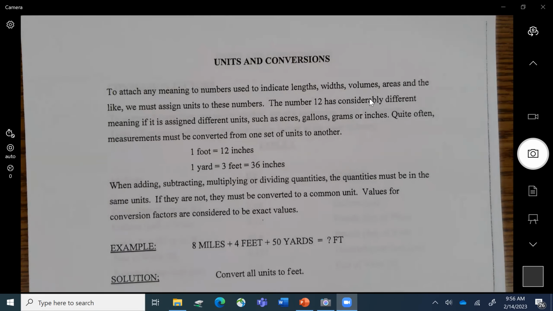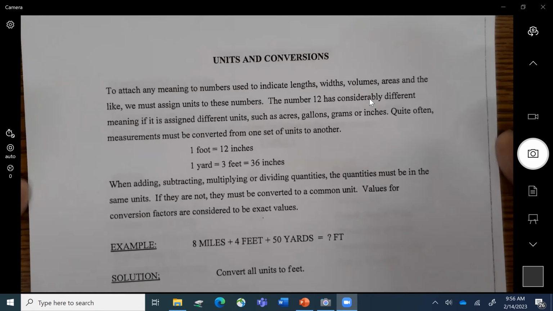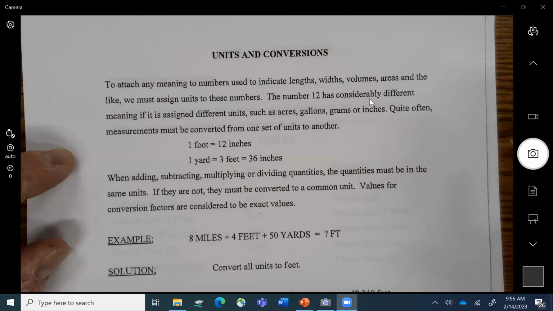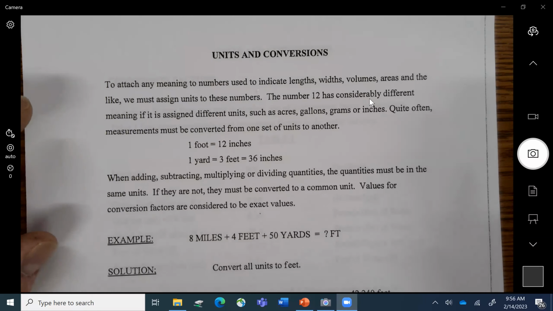Okay, so the very first thing with unit conversions is understanding what they are. First off, in here we have 1 foot equals 12 inches. And that is known as a ratio. In simple terms, the definition of a ratio is that two different numbers equal one another.